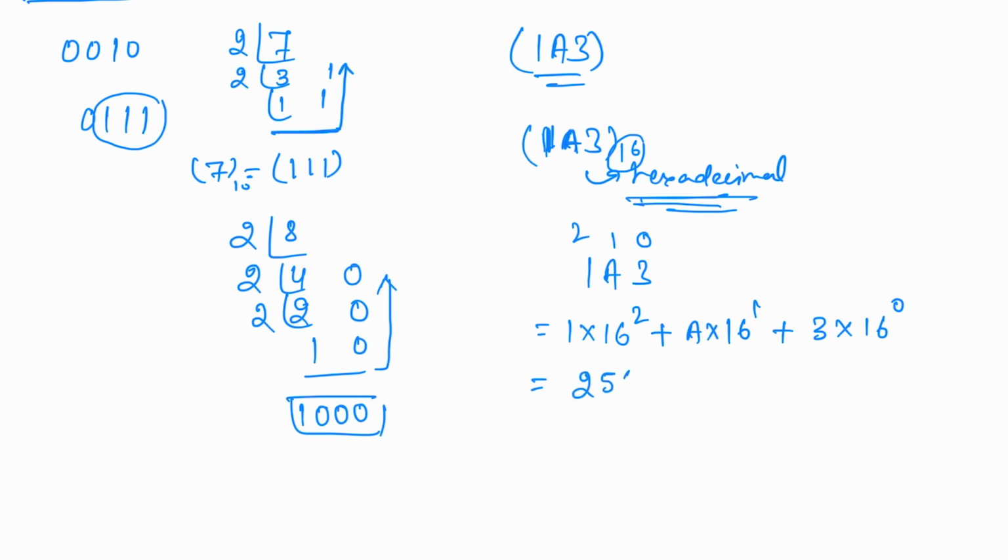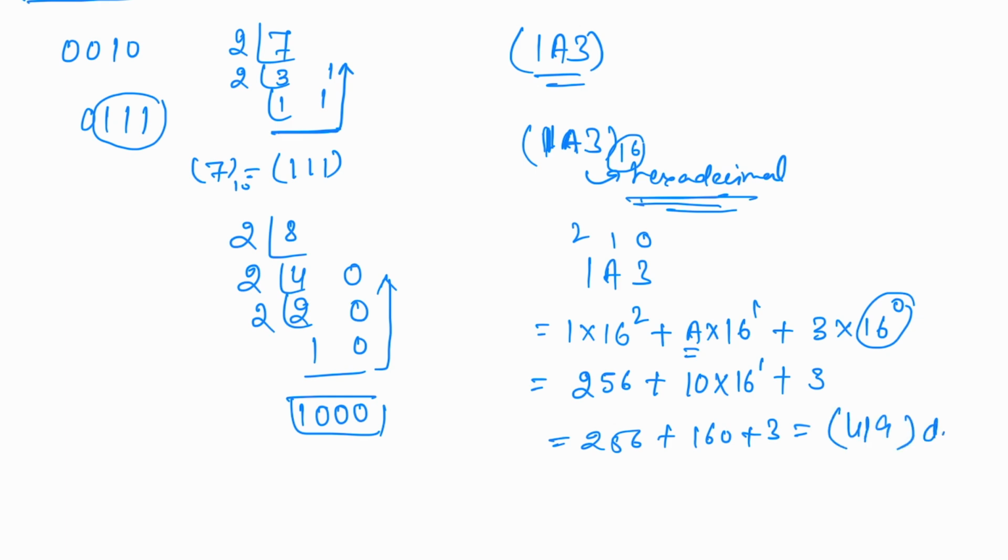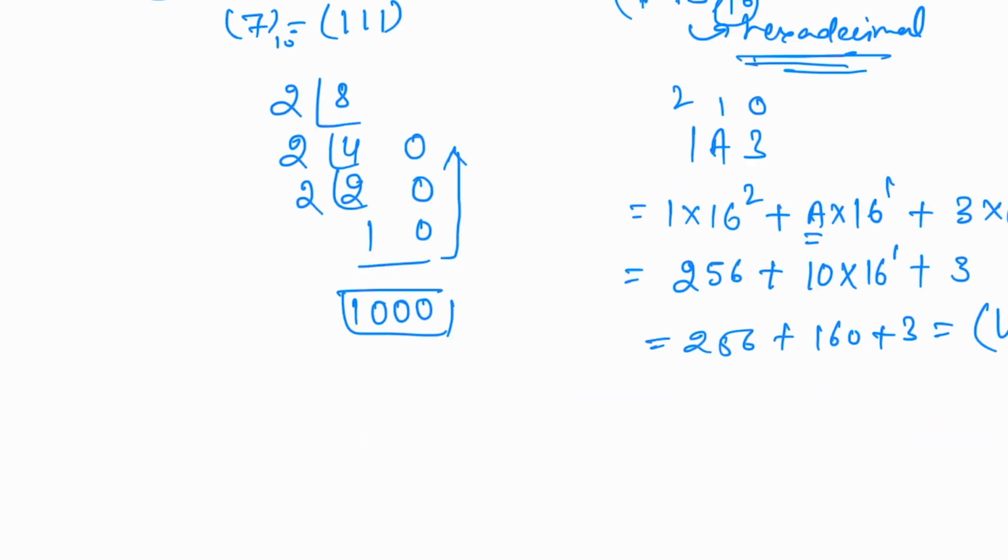So 256 into 1 is 256, plus for A we'll write 10 into 16 power 1, which is 160. 16 power 0 is 1, so 3 into 1 is 3. So 256 plus 160 plus 3, the number comes to 419, and this is a decimal number. So if the question says to convert a hexadecimal number into a decimal number, this is what you will do.